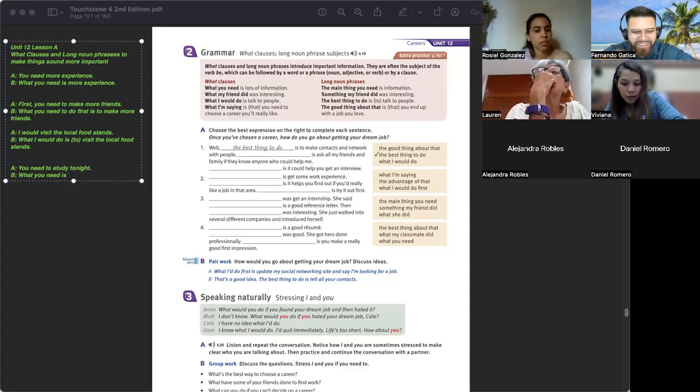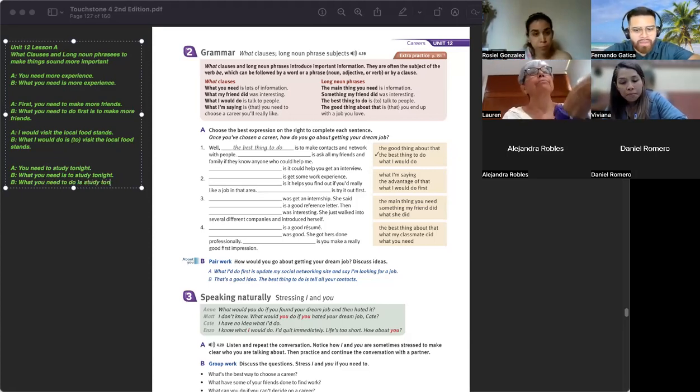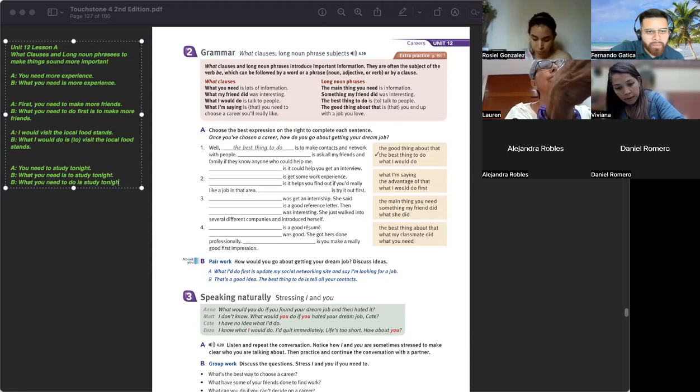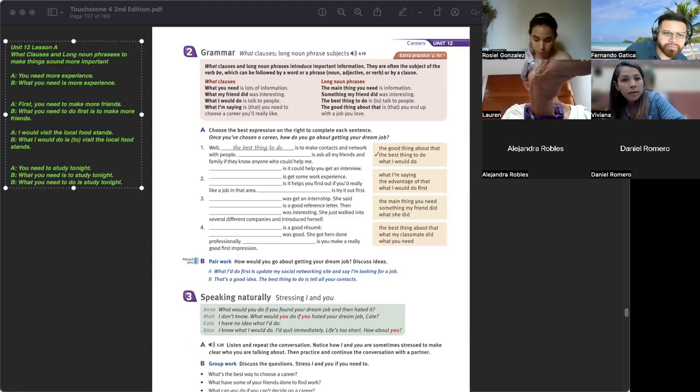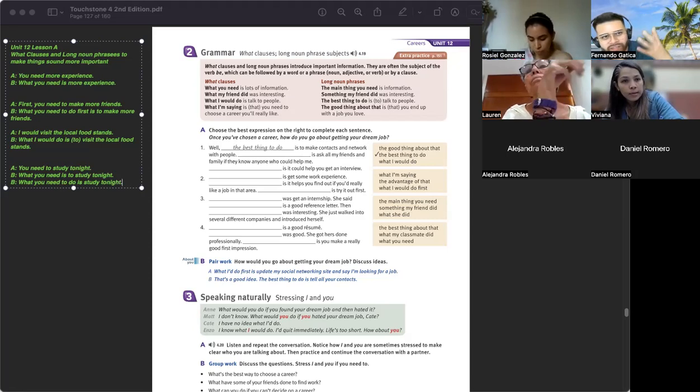We're getting one to thing. Is to study. Yes, what you need is to study tonight. Or you can also say, what you need to do is study tonight. And if you can remember those 4 different what clauses and long noun phrases, you will be okay.